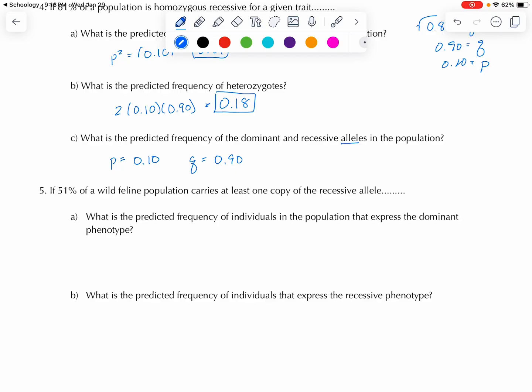So the possible genotypes here would be capital F, capital F, capital F, lowercase f, lowercase f, lowercase f. Well, which of those contain at least one copy of the recessive allele? That's lowercase f, right? So it's these two are 51%, which means that homozygous dominant, the frequency is 0.49.